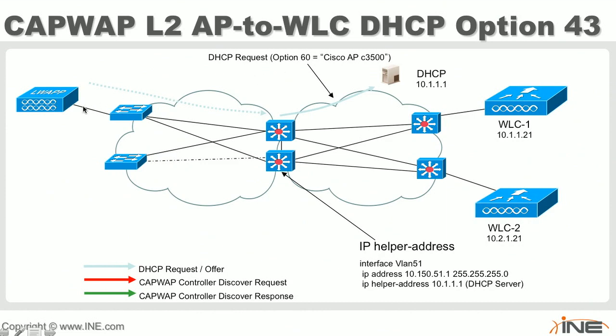So if I have a 1250 series, let's say a 1252, it will say C1250. If I have a 1260 series, it will say Cisco space AP space C1260, and so on and so forth. Basically the first two numbers of the access point are the series number, and the last two are more specific to the functionality.